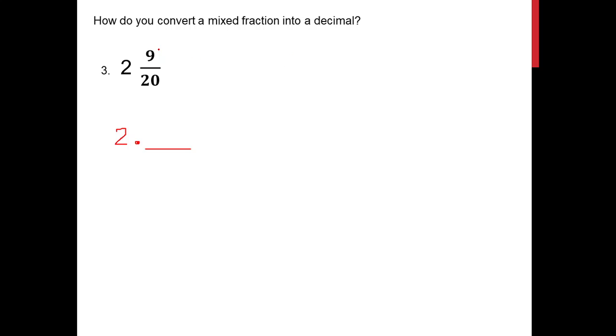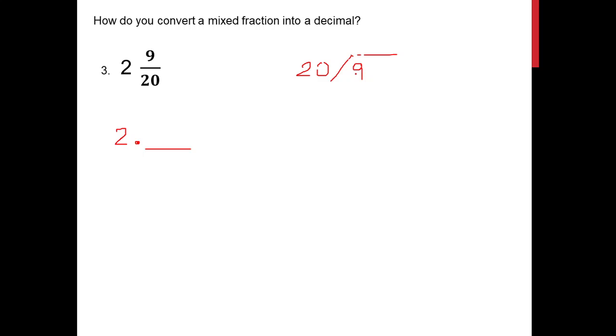So again, in converting mixed fraction, all we need to do is to convert the fraction, not the whole number. All we need to do is bring down the whole number here and then find the decimal equivalent of this fraction. So let's start. Let's divide 9 by 20.